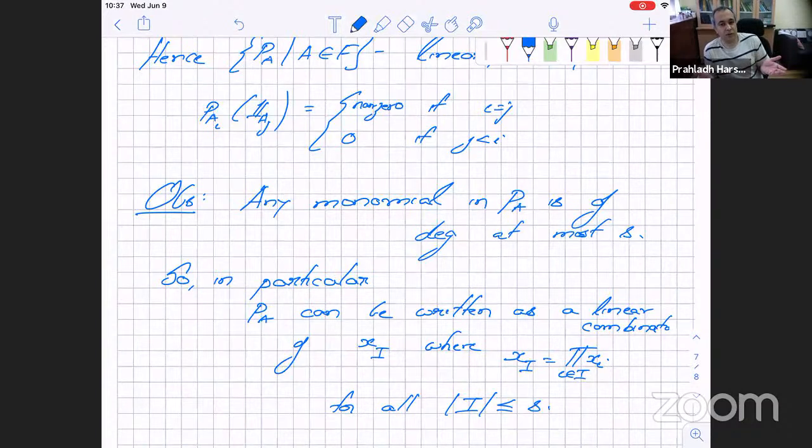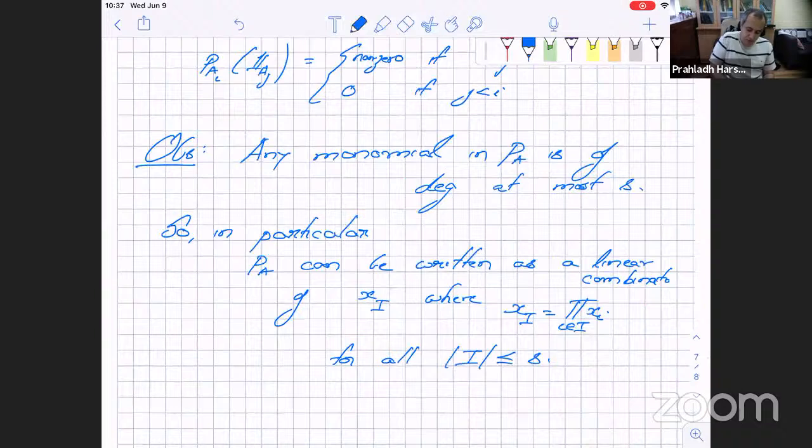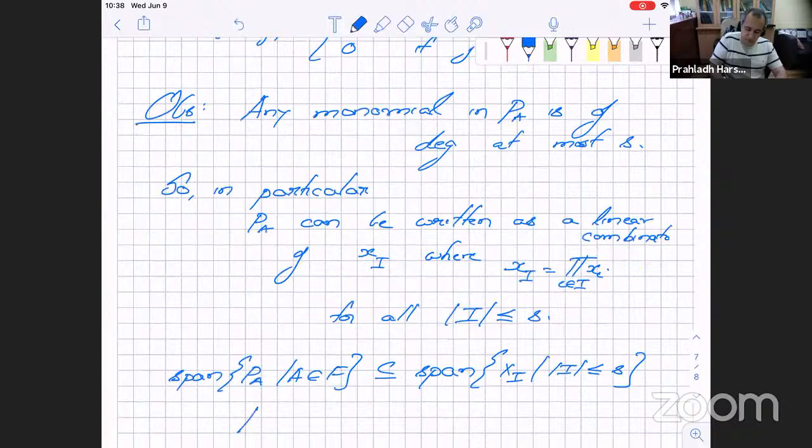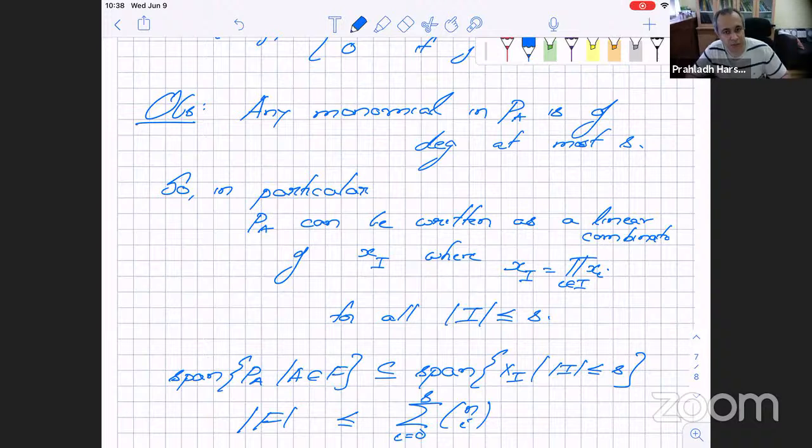But how many of them are there? Hence, all I want to say is the span of PA, A in F, is contained in the span of x_I, with size of I less than or equal to s. This we saw was exactly equal to the sum of n choose i, i equals 0 to s. This is exactly the principle which we had talked about. That's the end of the story.